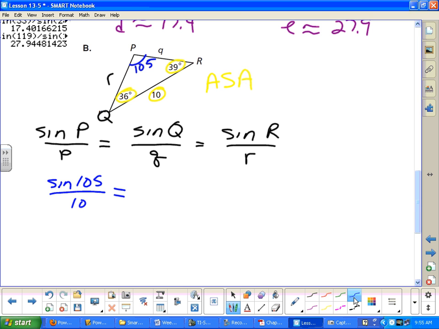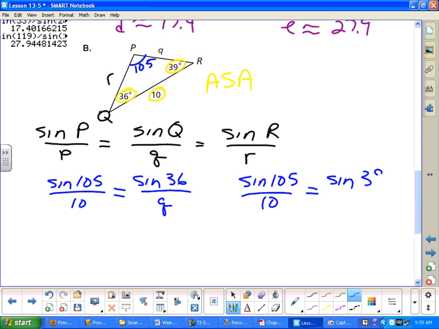So the sine of 36 over side Q. And here, once again, we don't have side R, so I'm going to write the sine of 105 over 10 equals the sine of 39 over side R. So the one ratio where I know everything is with the P's. I'm missing side Q and side R, so I'm going to take that complete ratio and put it with the other two. And then we just cross multiply and solve.